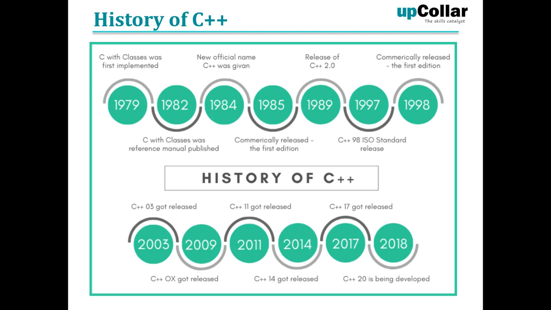So, the journey of C++ began in 1979 where it was then named as C with classes. In 1984, it was renamed to C++. It continues with various upgradations and new versions released and continues until now with the latest C++20 that is being developed.